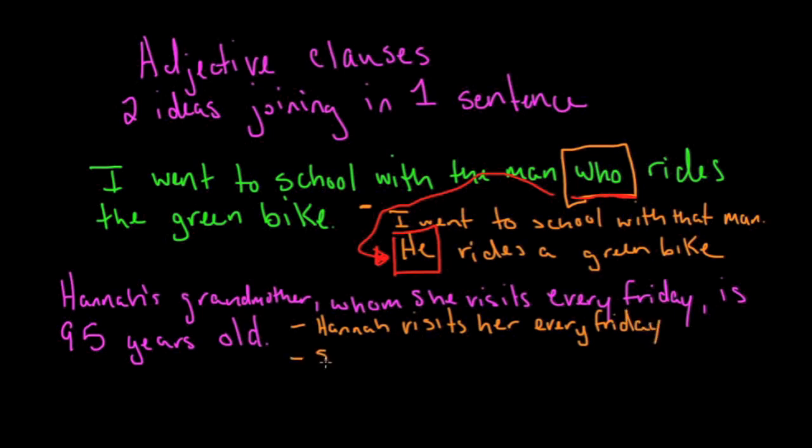And we have she is 95 years old. So we have two different ideas, and you can see the first one, the one that's receiving the action, whom she visits, here is the action. And here's the answer, she visits her. And that is why, remember that whom replaces her or him. So that is why we use whom rather than who in this sentence.